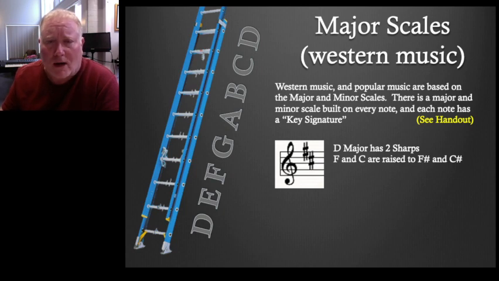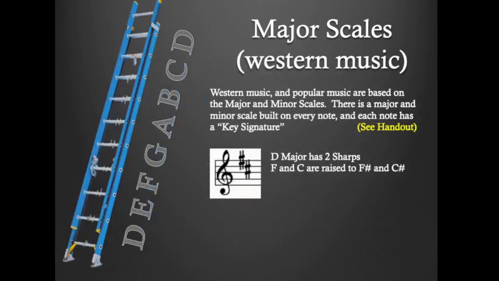So each one of those notes has a key signature, and you can see the key signature there in the center of the screen. The key signature is usually seen at the start of the music, next to that squiggly circular thing that we call a clef. That's a treble clef.